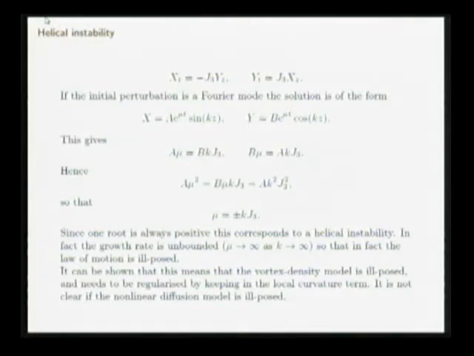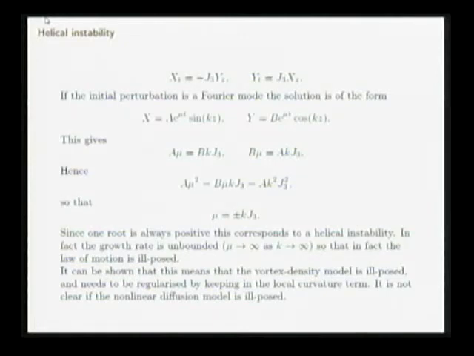I didn't give any initial conditions yet, so suppose I give an initial Fourier series mode, sine kz for x. Then the form of these equations says that you should give sine kz for x and cos kz for y. These are linear constant coefficient equations, so the solutions are going to be exponential, e to the mu t, where mu is the growth rate of this perturbation.